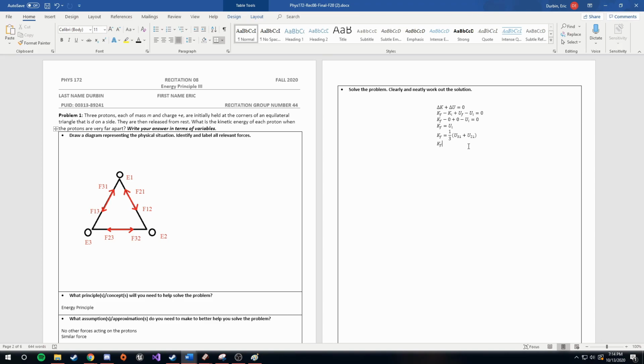So since there's only 2 forces acting on one of them, it's going to be 2 times kq squared over r, or over d in this case? Yeah, that seemed convincing. I vaguely remember doing that. 2 times whatever potential energy is. Yeah, that makes sense.